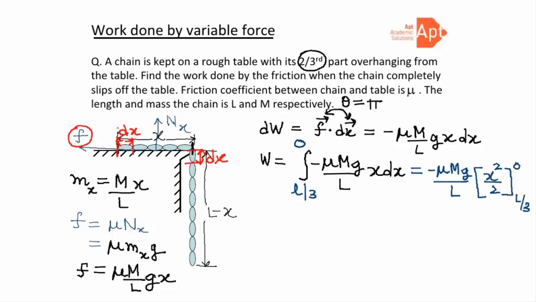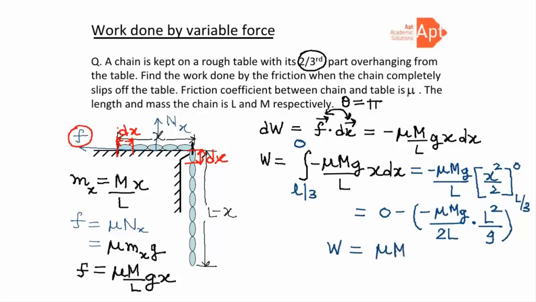On substituting the values, it is 0 minus mu Mg by 2L into L square by 9. So the work done W is minus mu MgL upon 18.